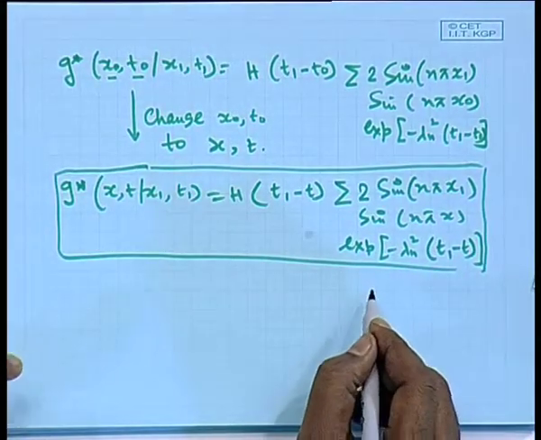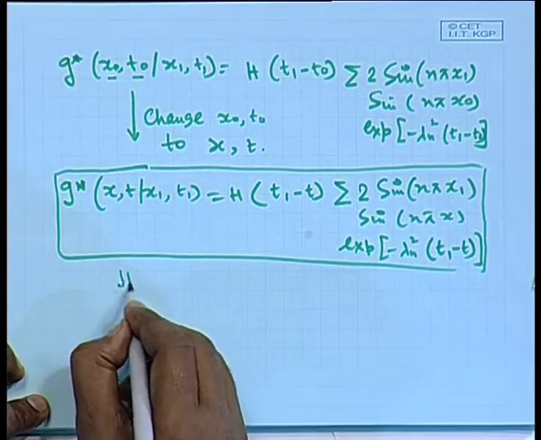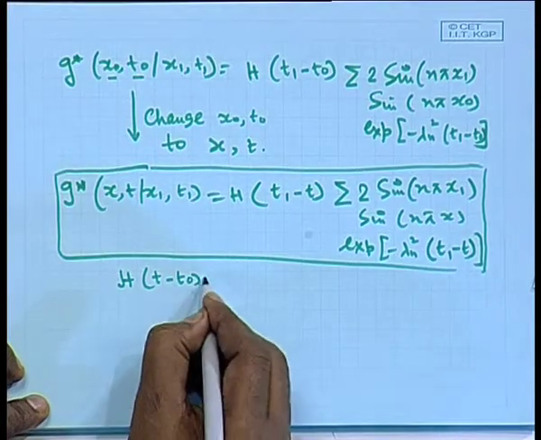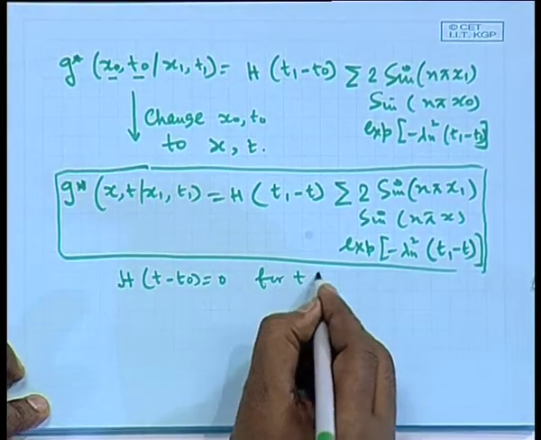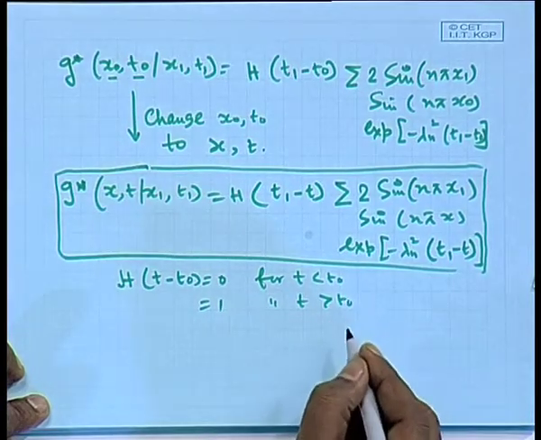Now, this Heaviside function has some implication. The way we have defined the Heaviside function, h of t minus t0 is equal to 0 for t less than t naught and equal to 1 for t greater than t naught.